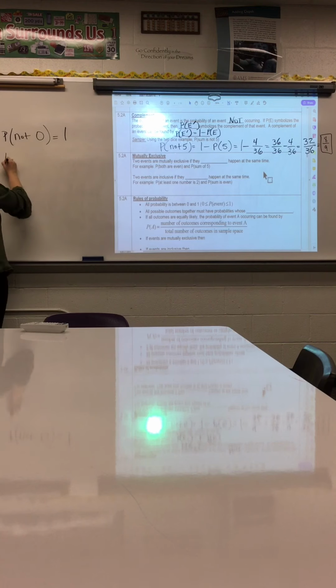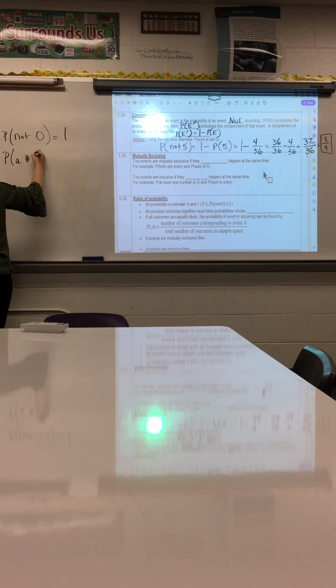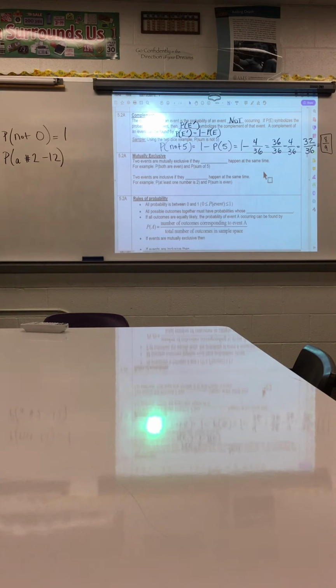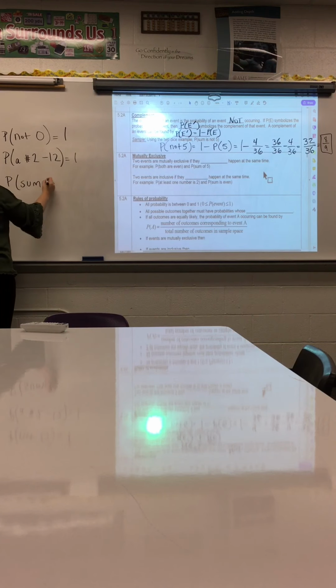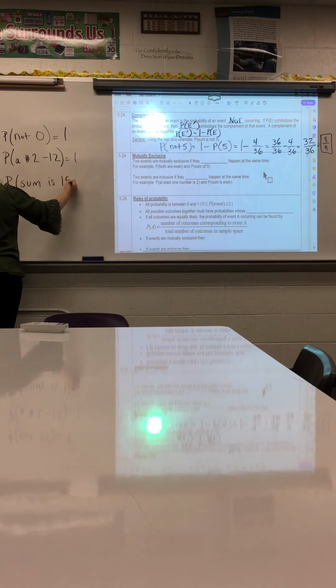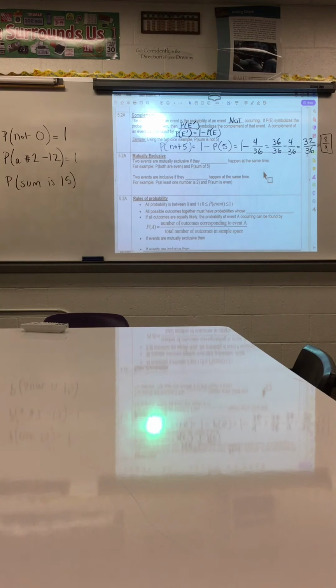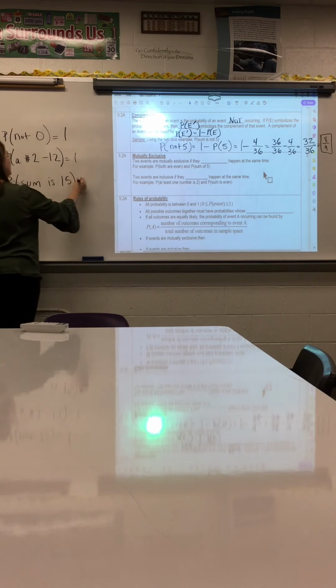What is the probability that it is a number 2 through 12? 1. What is the probability that the sum is 15? 0. So there are times where it's impossible.